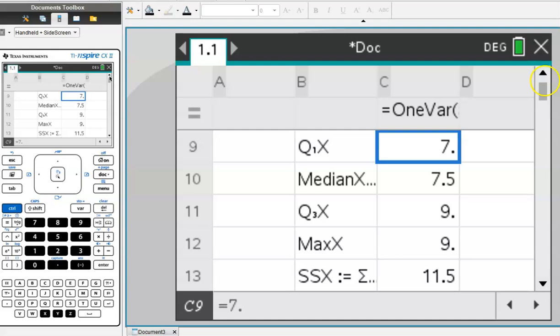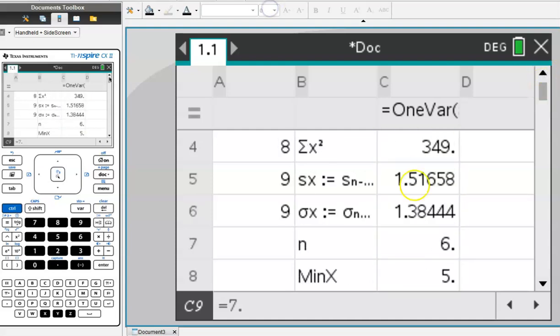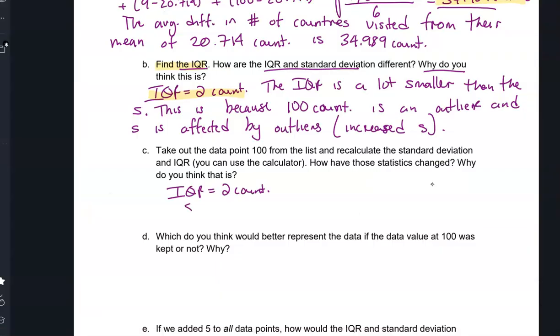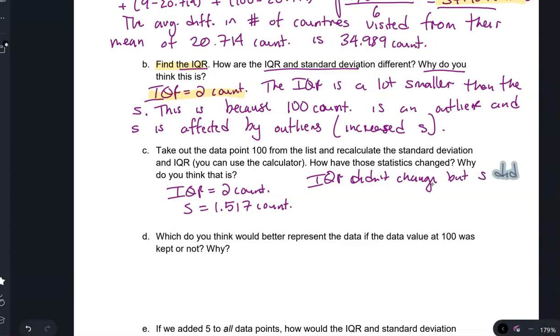Standard deviation, if I scroll up here, look how much smaller that is, 1.517. Oh my gosh. Standard deviation, 1.17. Again, okay, the IQR didn't change, but standard deviation changed a lot.